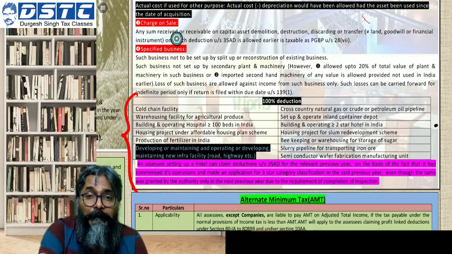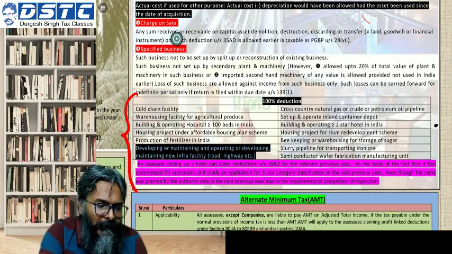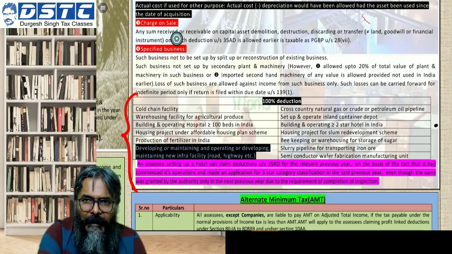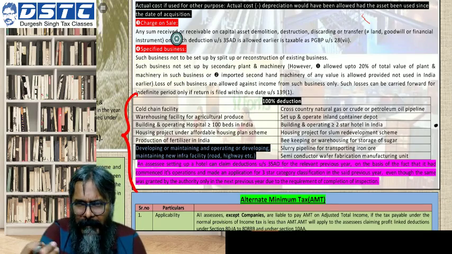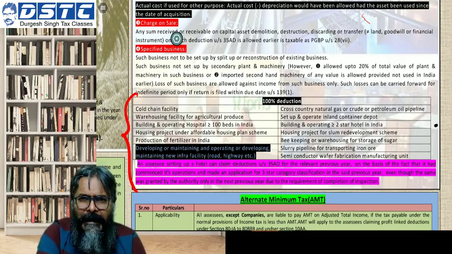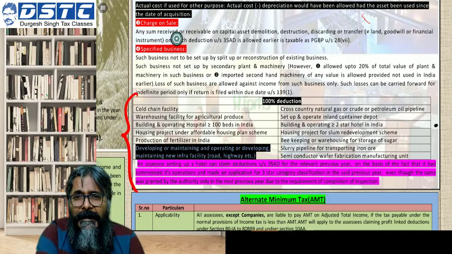So students, whatever is the priority eligible sector, those are the ones which have categorically to be covered. So the government has made a list of all the priority eligible infrastructure related projects.